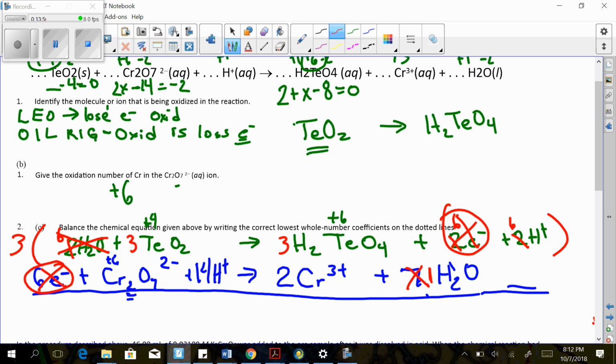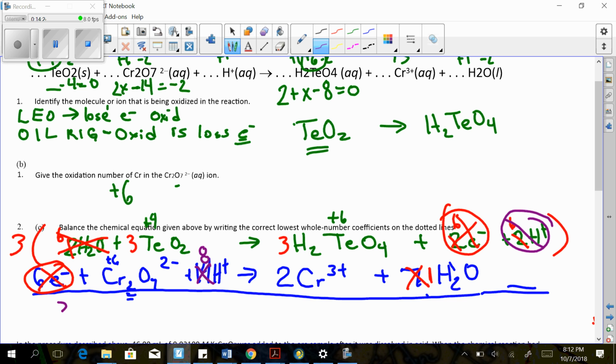And when I look at the hydrogens, I have 14 H pluses on this side. I have 6 H pluses on this side. So these 6 will cancel 6 of these, so I'll have 8 left on this side. And so now I can write my overall what's left.